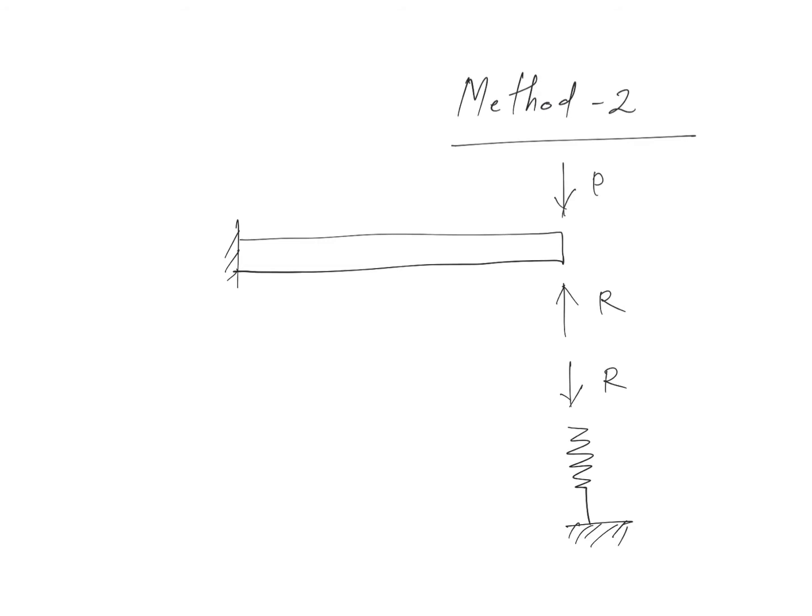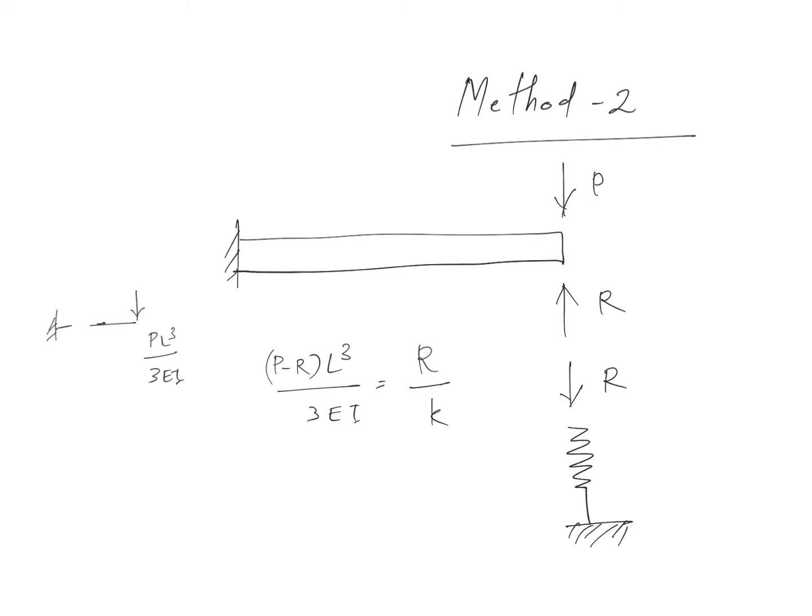So in this case the spring moves down by little r by k, very simple, and for a cantilever which is having an end load of P, we know the equation is PL cube divided by 3EI, and in this case the end load is not P, it is P minus R, so (P minus R) L cube divided by 3EI. So this comes from the compatibility constraint or the displacement constraint of the problem.